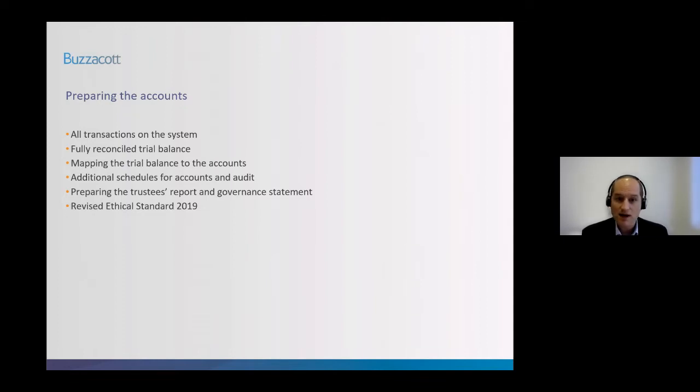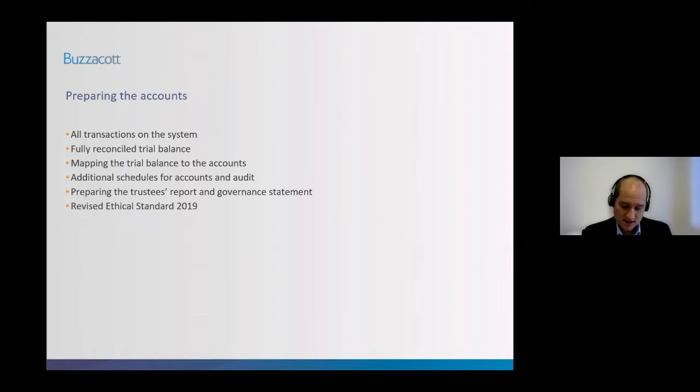And so whenever we support Academy trusts with preparing accounts, we do it via separate teams, so it's separate people helping you prepare the accounts to those who are checking and auditing them. And it's really important that if you are getting that support with the preparation of the accounts, that you're still owning those figures and reviewing those before they're handed over to the audit team for their scrutiny.